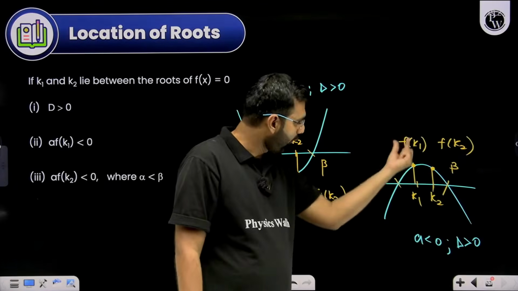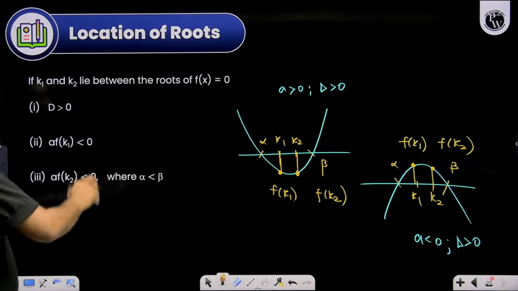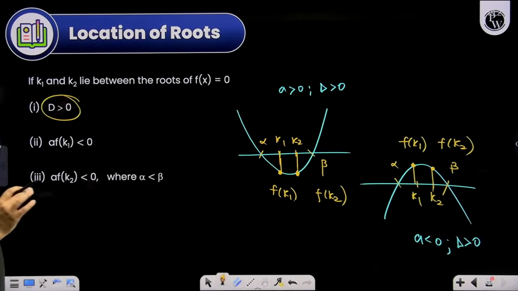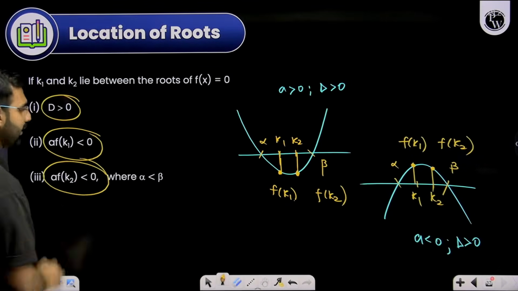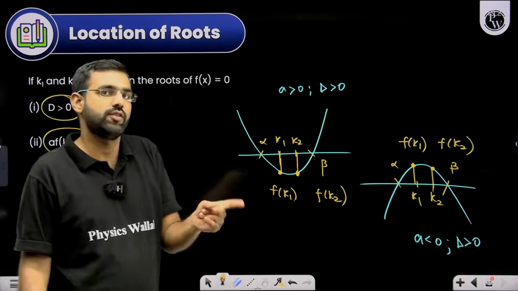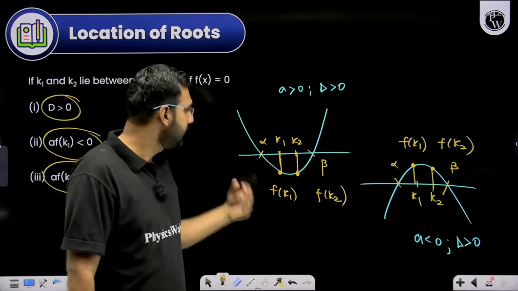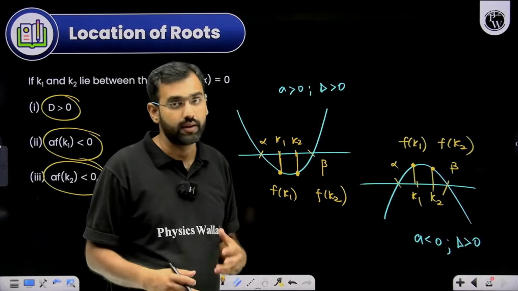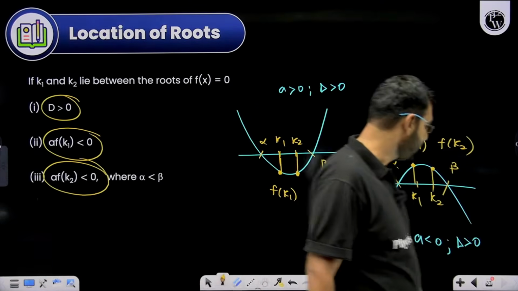If A is negative, f of K1 and f of K2 are positive, which means what? Is it not necessary and sufficient that first of all D should be positive? Second and third conditions, A times f of K1 should be negative, A times f of K2 should be negative. This is the same as when we discussed that a value K lies between alpha and beta. That's exactly what we are doing, but now for two values, K1 and K2. Are you not understanding this part?